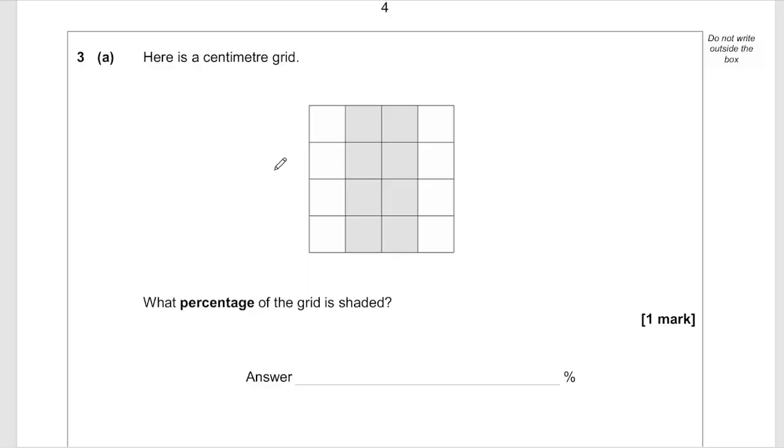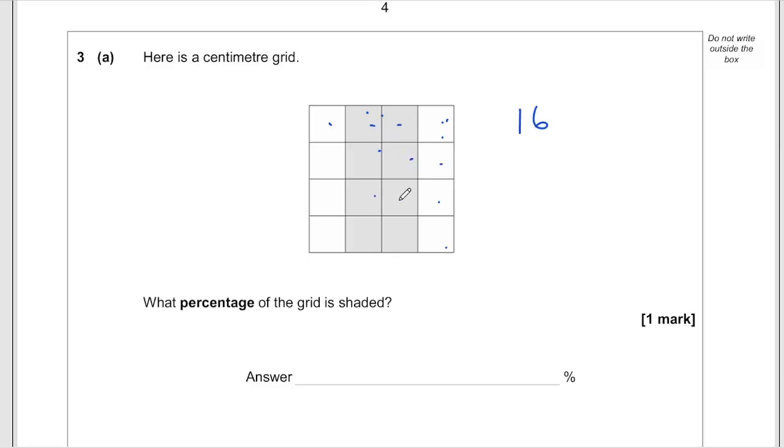Here is a centimetre grid. What percentage of the grid is shaded? Well, I've got 1, 2, 3, 4. 1, 2, 3, 4. So I've got 16 squares. And I've got 1, 2, 3, 4, 5, 6, 7, 8 shaded. And if I simplified that, I've got half of the grid shaded.